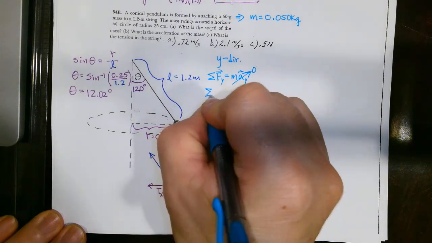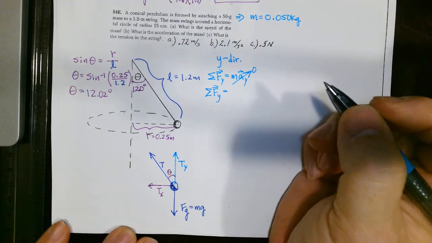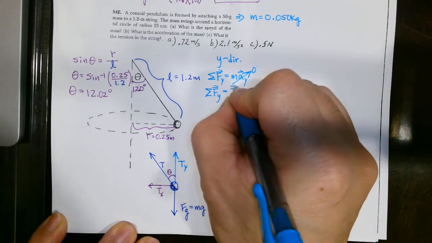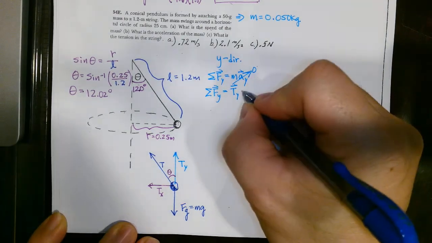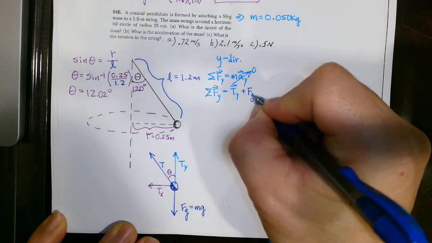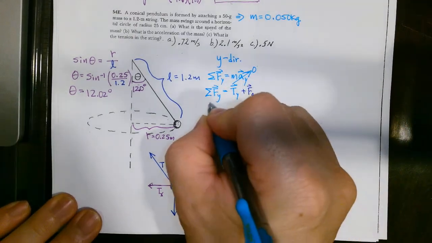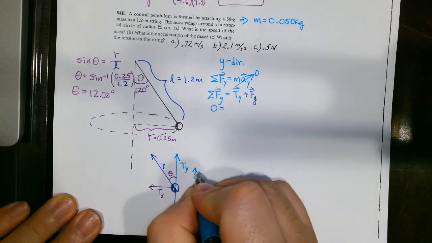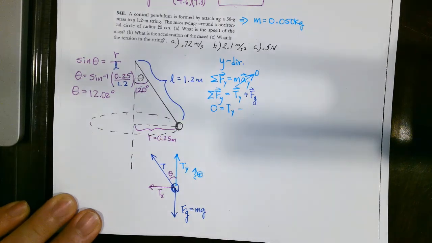And sum of all forces in y, there are only two forces, right? That is T sub y and Fg, right? So when I set them equal to each other, 0 is equal to, I'm going to consider the direction up positive, right? That means Ty is positive minus Fg. Okay?